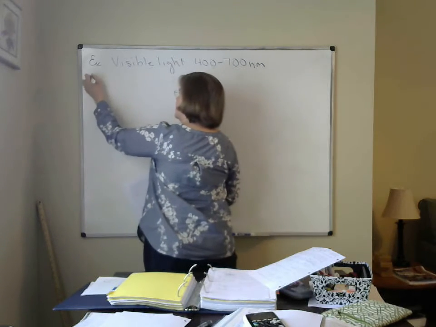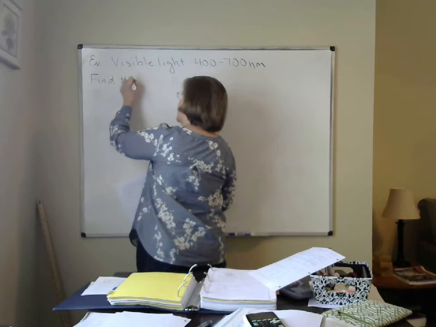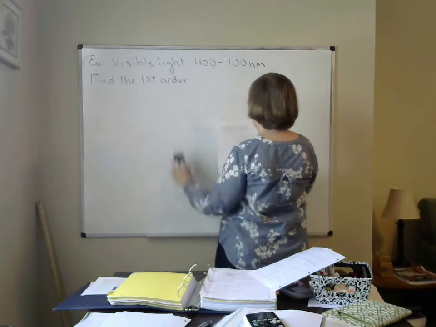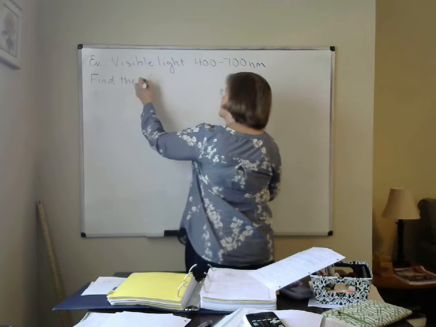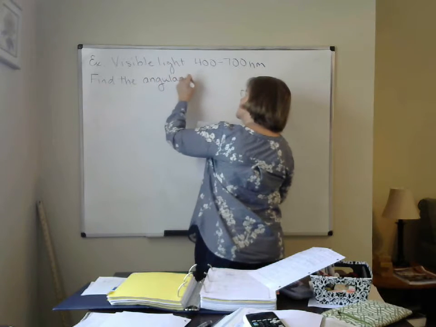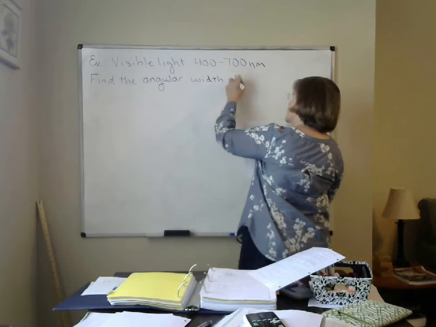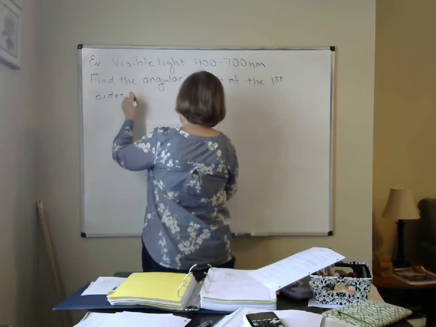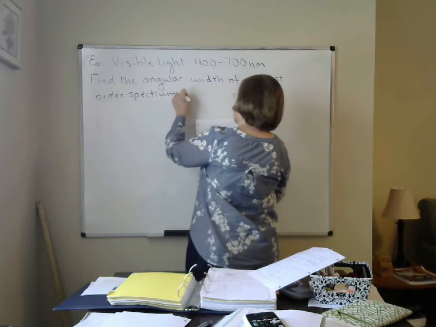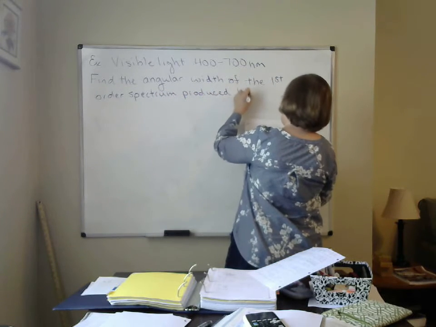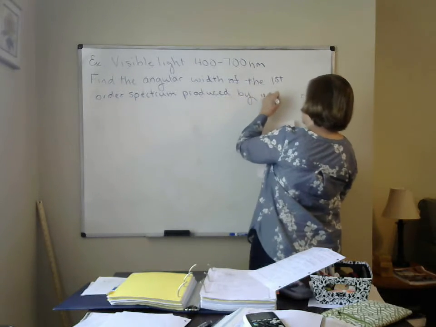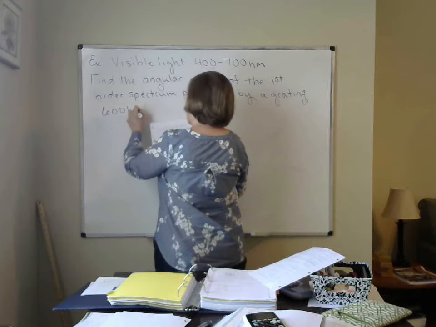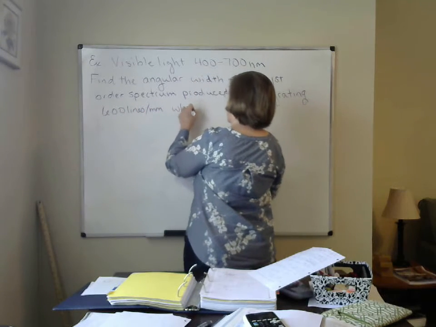They want us to find, let me rephrase it, the angular width of the first order spectrum produced by a grating that's 600 lines per millimeter when white light shines on it.